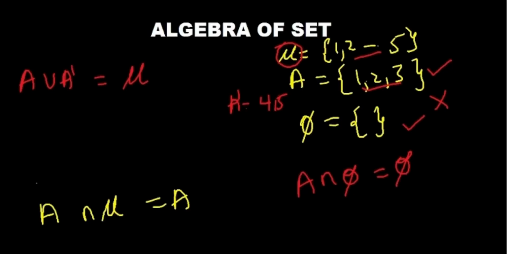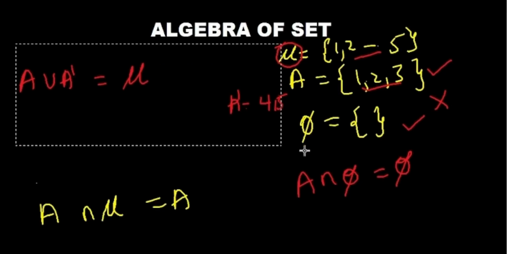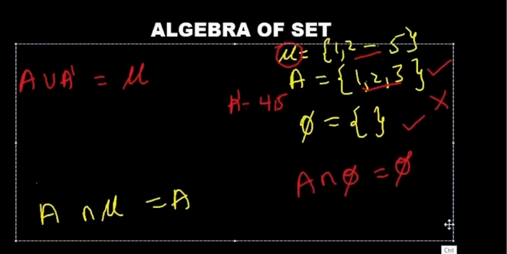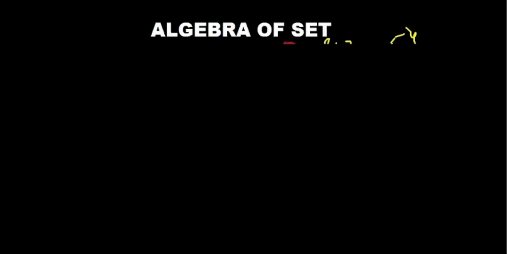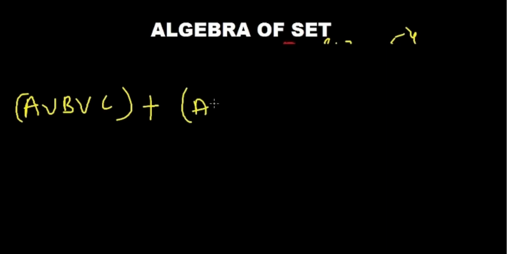Okay, so let's check for three sets. Suppose we have to work with three sets. You still need to know that A union B union C plus the complement of A union B union C is the universal set.